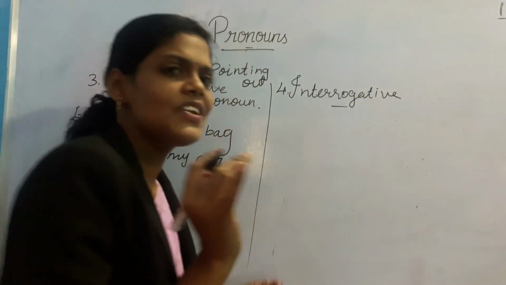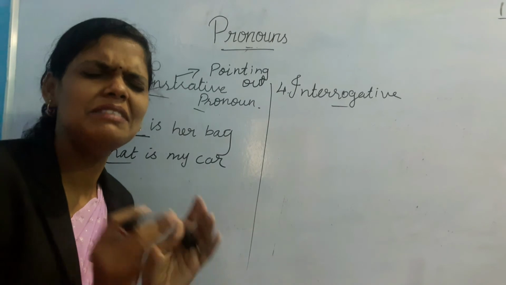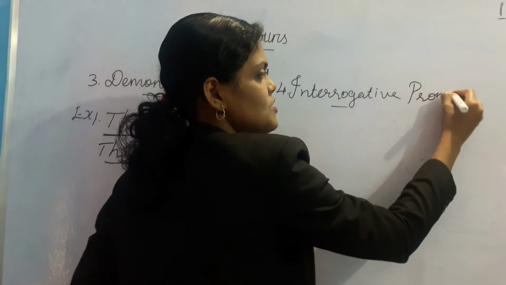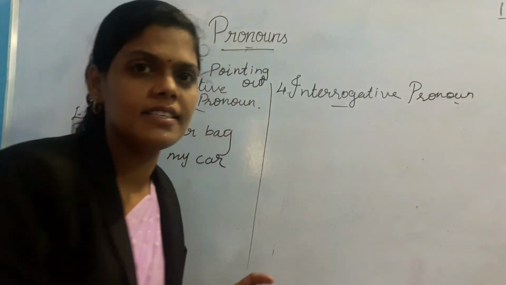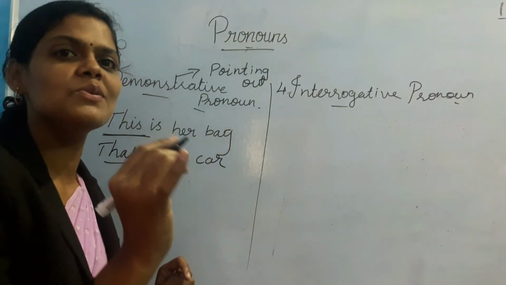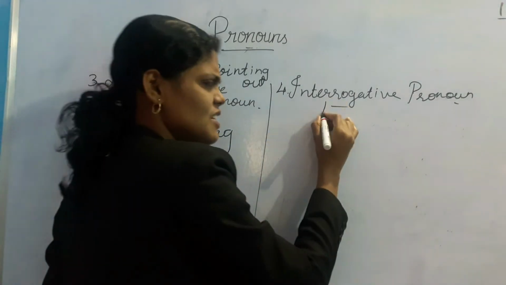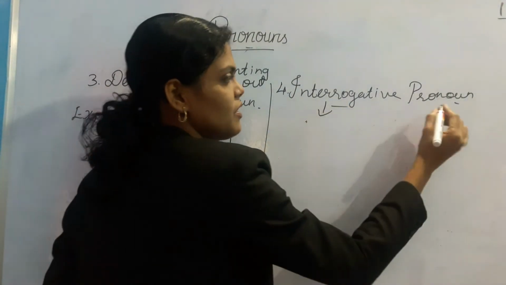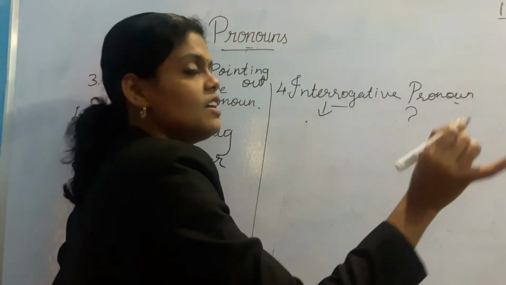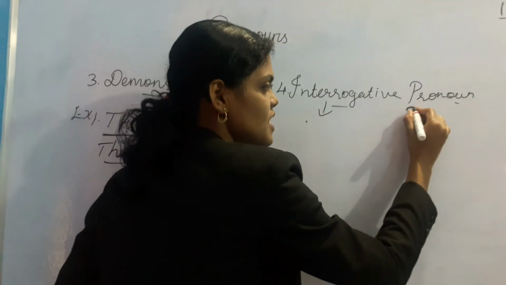Interrogative means what comes into your mind? When we say interrogative, what comes into your mind? Question. Yeah, the pronoun which is used to ask questions. Wherever you hear the word interrogative, you have to remember the question mark.